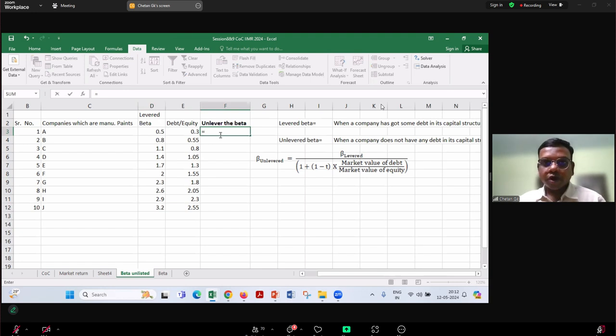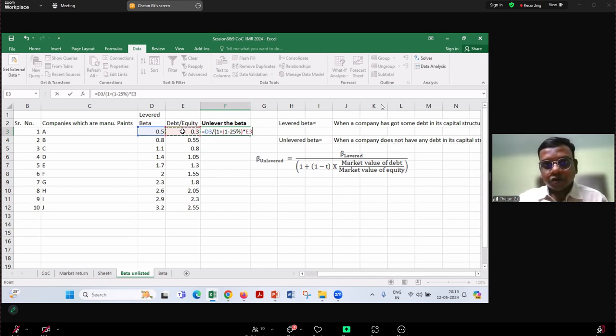Okay. So what I do now is, beta levered I should be taking this one divided by 1 plus (1 minus t), I'm just writing the equation, that's it. That is multiplied by market value of debt by equity. This debt by equity I have already taken up.